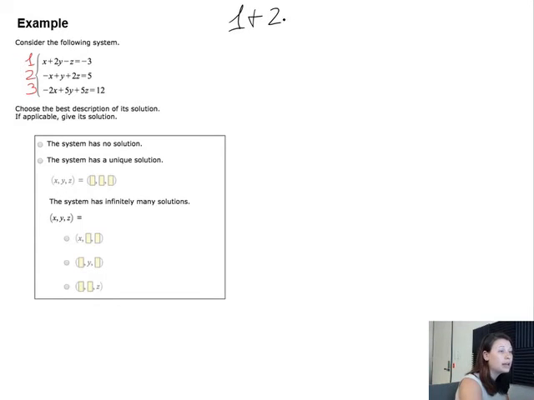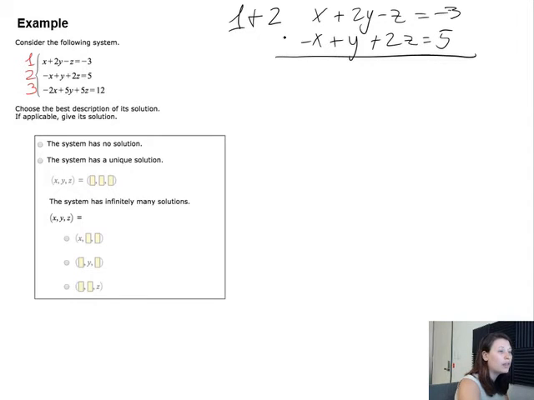So that's x plus 2y minus z is equal to -3, and -x plus y plus 2z is equal to 5. So that is 0x plus 3y plus z is equal to 2.